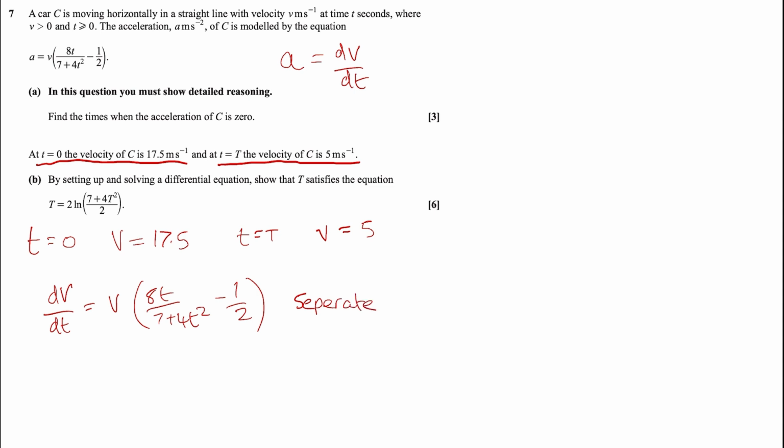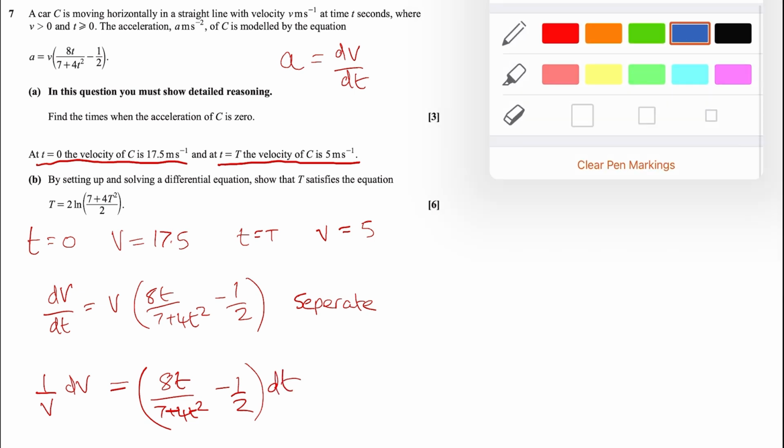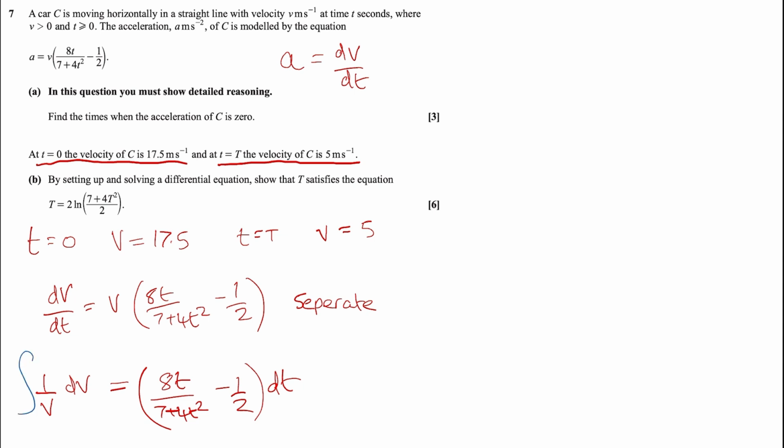I'm going to divide both sides by v to get 1 over v dv, and multiply both sides by dt to get (8t over 7 plus 4t squared minus a half) multiplied by dt. The next step of a differential equation is to integrate both sides, like so.